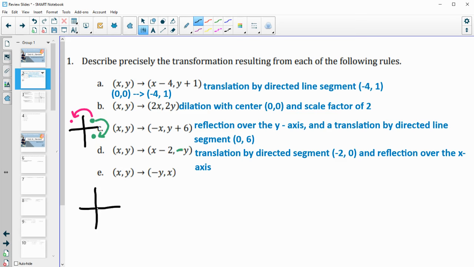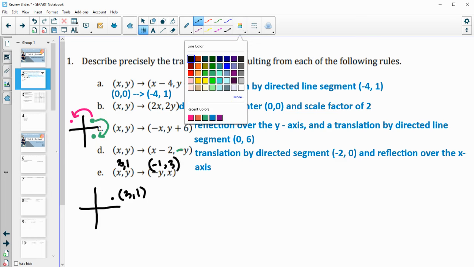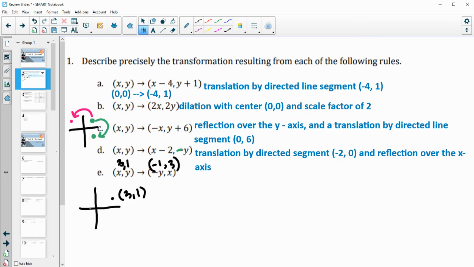So I just take a point, like the point 3, 1, and I apply the rule to see what's happening. Now if I put 3, 1 in here, what I would get back is the opposite of the y. So remember, I put 3, 1. The opposite of the y is -1. And then I would have the x coordinate next. So my new point would be the point -1, 3.